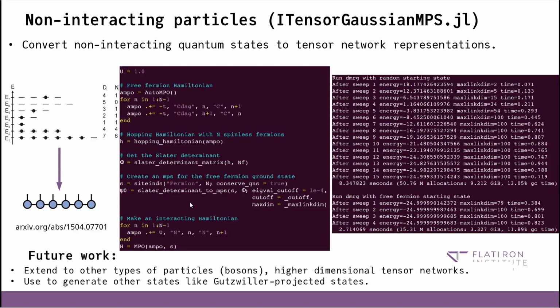So you can see here that in a few lines of code we can create a starting state which gives us a much better initial guess for an optimization that we're performing. The top is just from a random starting state, and the bottom is from our guess state. So the non-interacting guess state is already a very good starting point for our optimization.